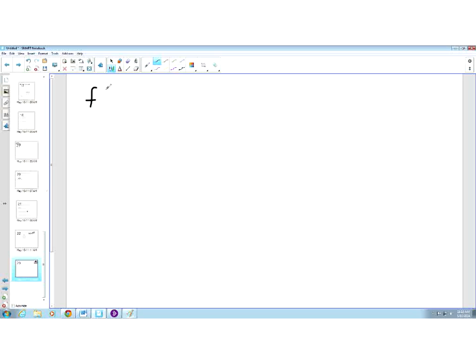We have f of x is equal to the absolute value of x minus 2 minus the absolute value of x plus 1. So we want to graph this function.